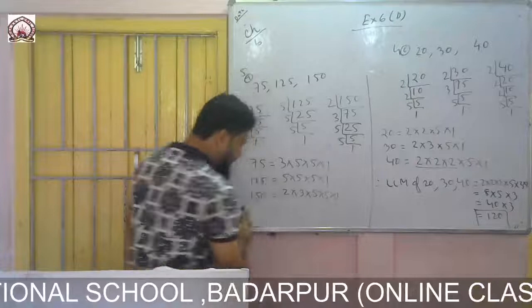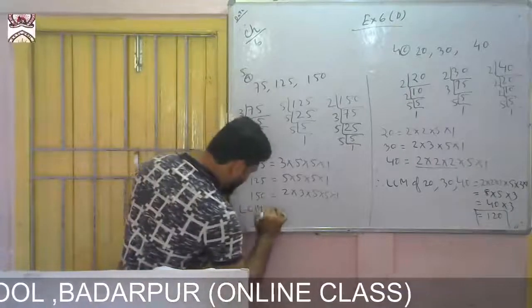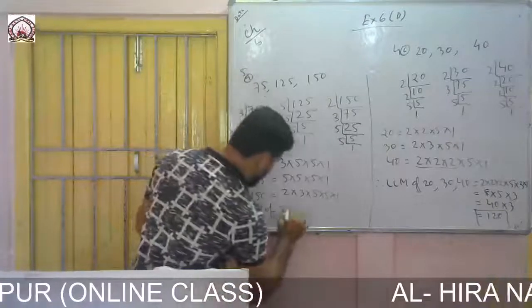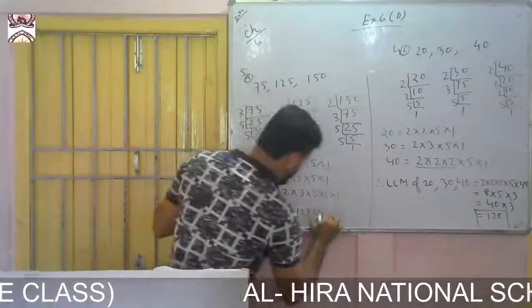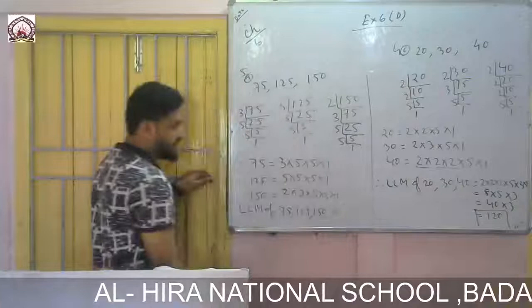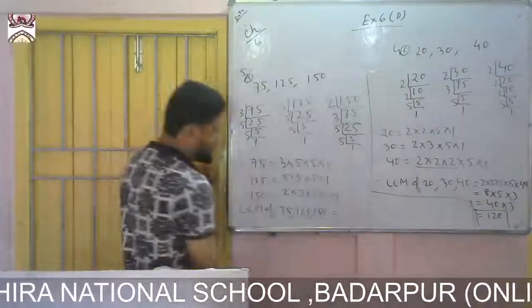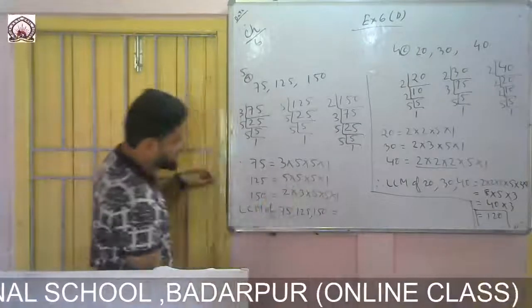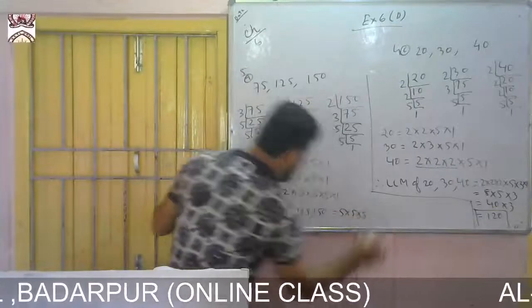So LCM of 75, 125, 150 equals to: here you see 5 is repeating highest 3 times, so we shall take 5 into 5 into 5.